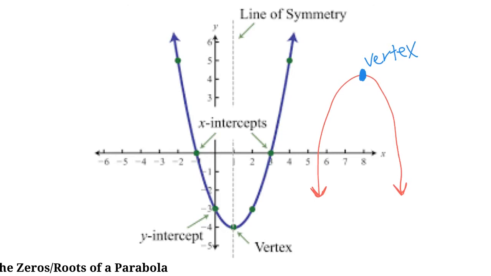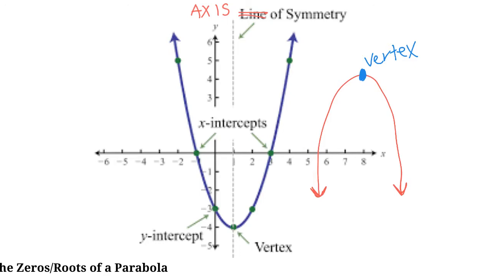And finally, our last feature is something that we call a line of symmetry, but most of the time you will actually see it called the axis of symmetry. And an axis of symmetry is a line that cuts exactly down the middle through your parabola.